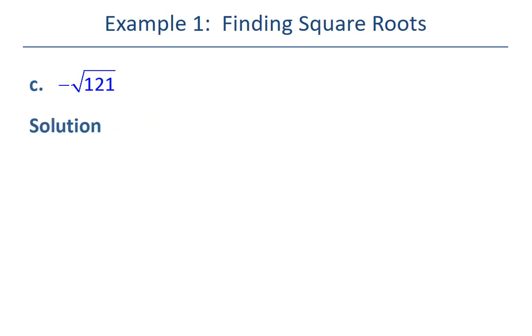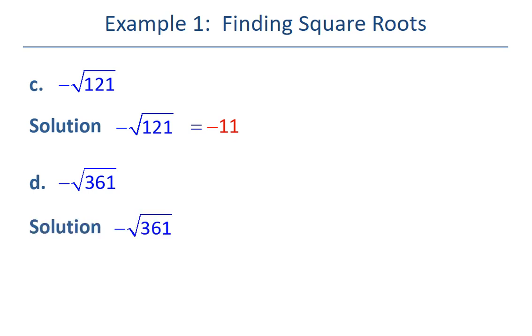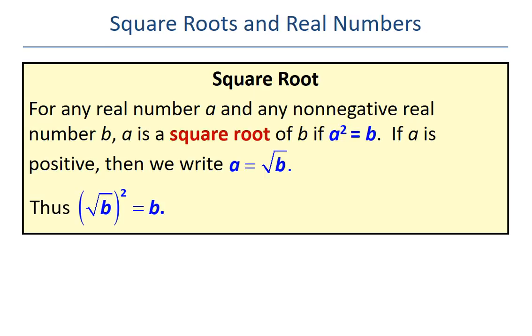So this will be a negative 11. Remember, you can pause at any time. Now, again, this is going to be negative, and the square root of 361 is 19, so you get a negative 19.